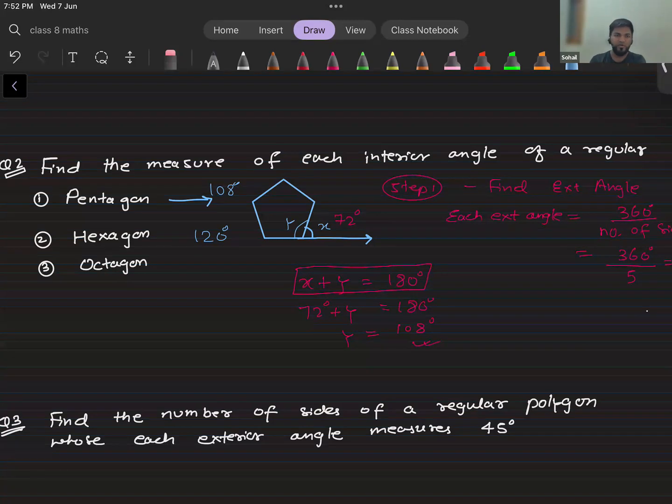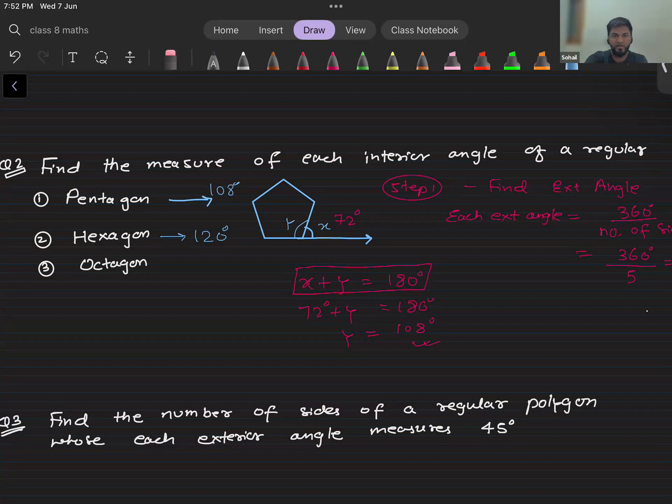Yes, Ahmed, 120 for which? For hexagon. Yes, for hexagon. Very good. That one is correct. Now find out the value for octagon. I've got the answer of Arhan so far only.